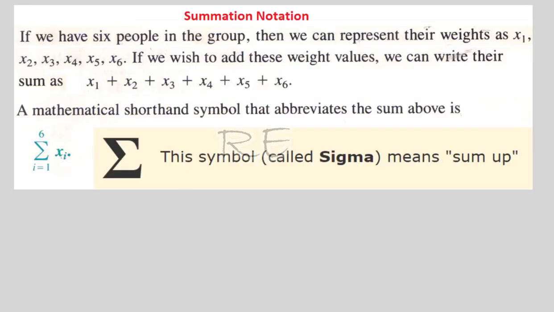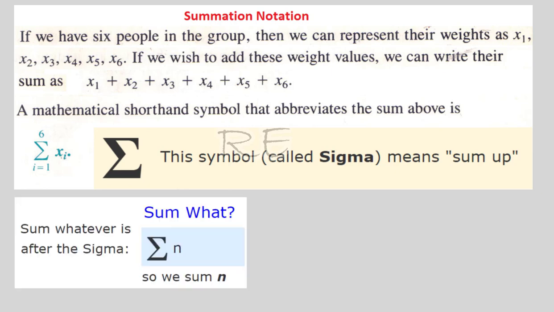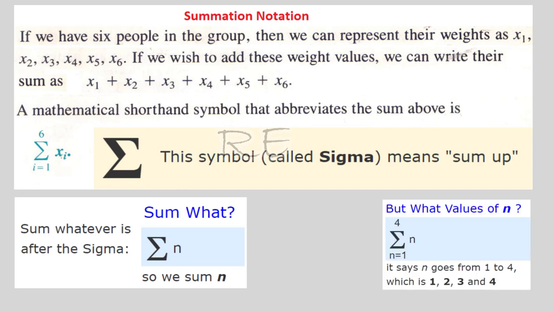Summation notation. If we're adding the weight of 6 people in the group, we can use the sigma symbol to add those weights from 1 to 6, which means from weight 1 to weight 6. For example, sigma n means we need to sum n.